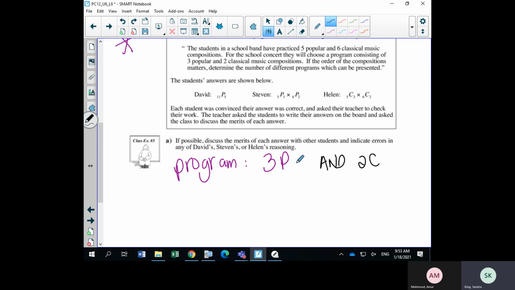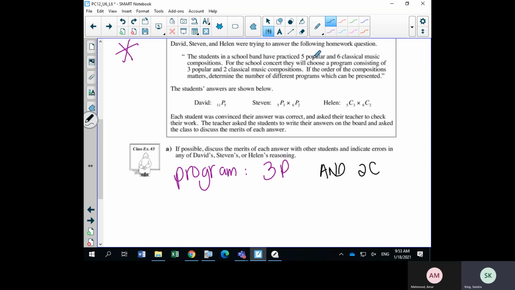Okay, so do you know, they're choosing a program consisting of 3 popular songs and 2 classical songs. If you were choosing 3 popular songs from 5, is it going to be 5 permute 3 or is it going to be 5 choose 3?